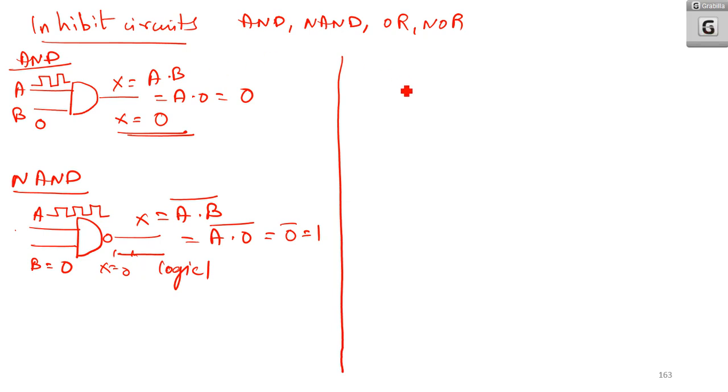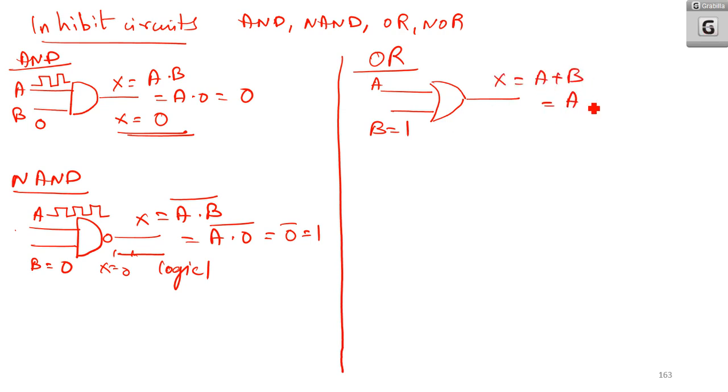Next one is inhibit using OR gate. That means here what do we get? Having an OR gate with A, and B is set to 1. So here X is equal to A or B. That is equal to A or 1. So something or 1 is always 1. That means X remains as 1.